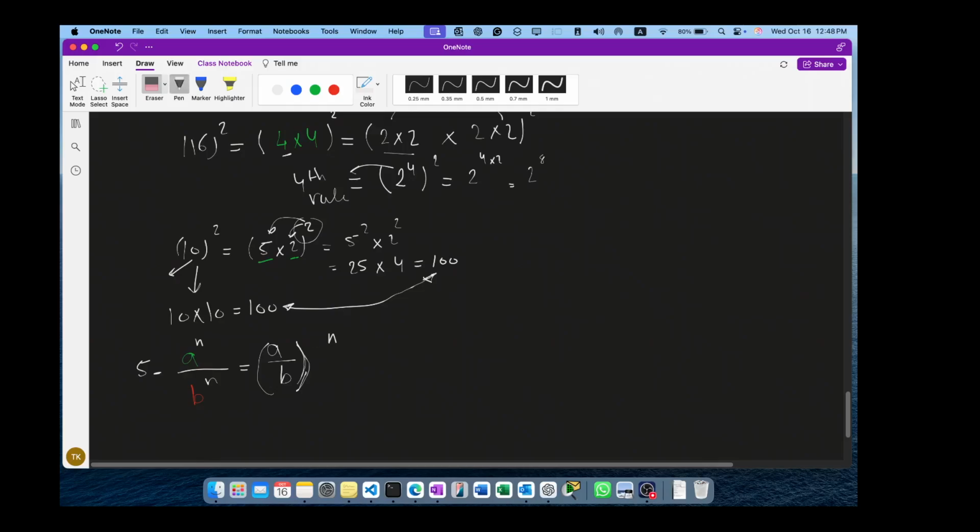An example: 3 to the power 6 over 4 to the power 6. What are the bases now, guys? 3 over 4. The power is 6.